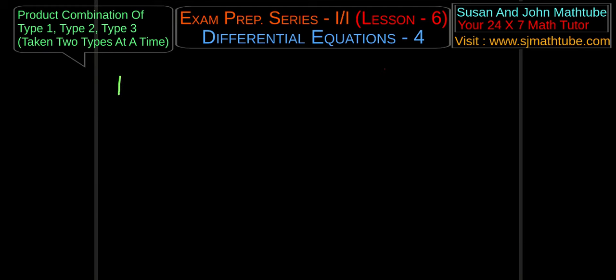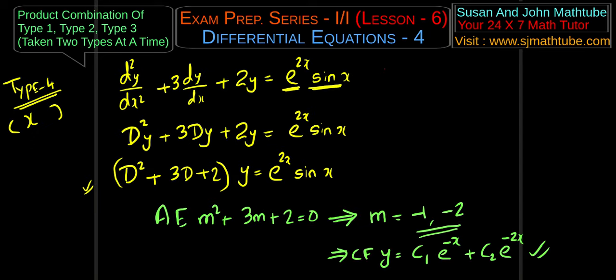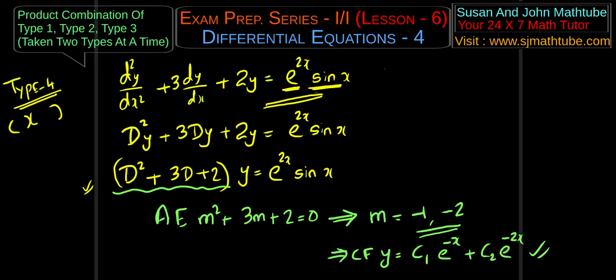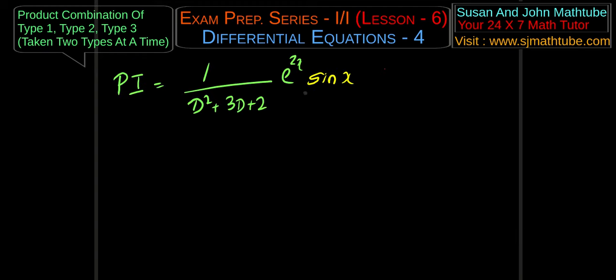Now what are we supposed to do next? Yes, the particular integral. So 1 by the operator. What's the operator? d square plus 3d plus 2 of the right side. Once more, 1 by operator of the right side, that is e power 2x into sine x.